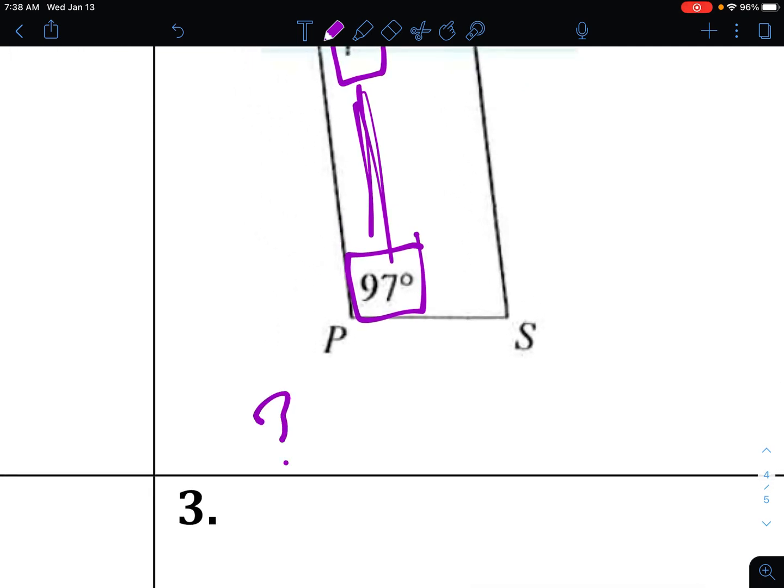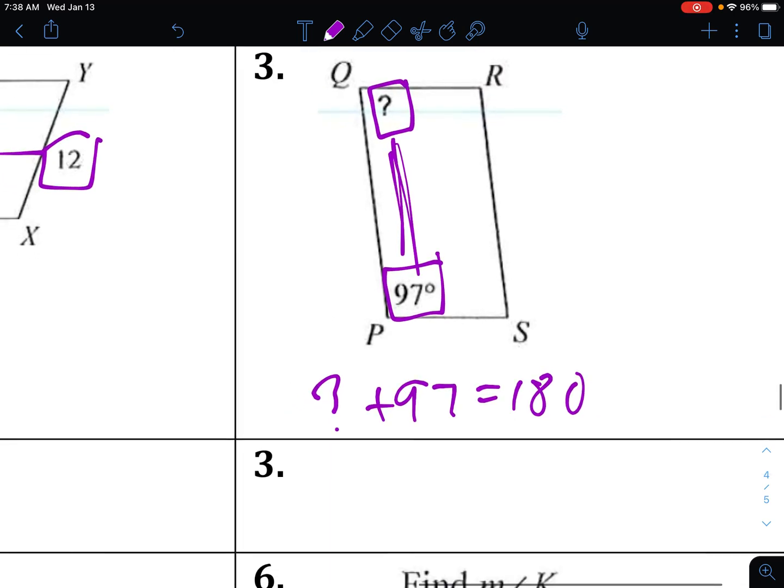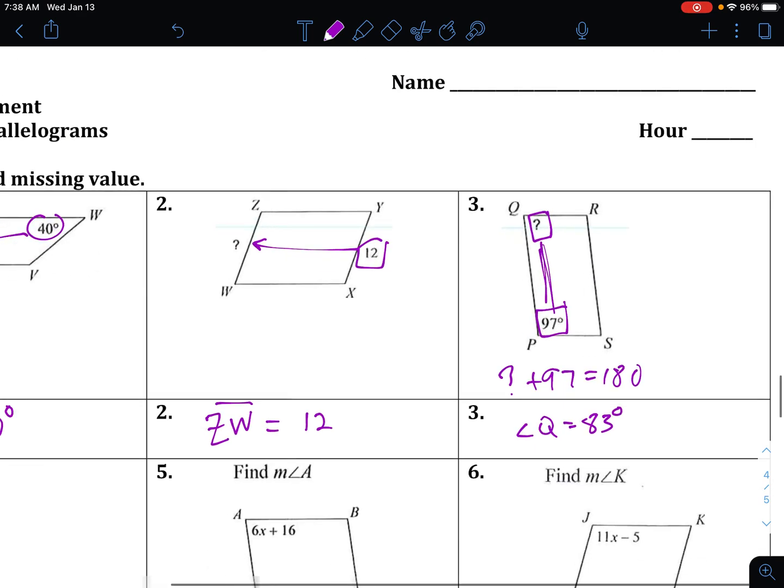So question mark plus 97 equals 180, or just do 180 minus 97. Q is equal to 83 degrees.